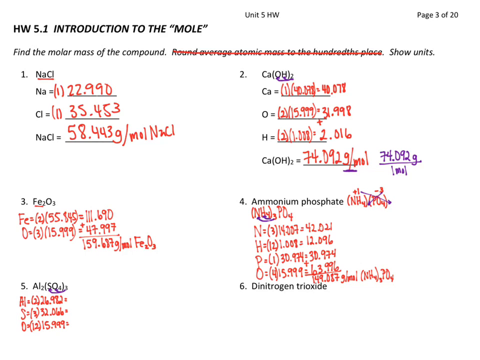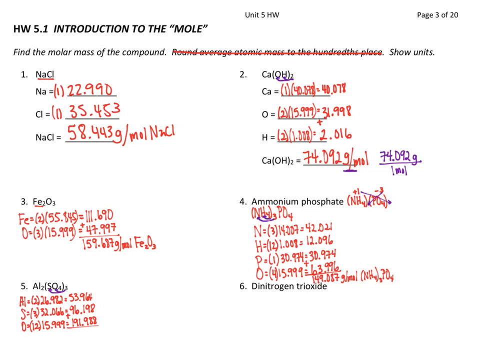Again, I'm going to do my math. 26.982 times 2 gives me 53.964. 3 times 32.066 gives me 96.198. And 12 times 15.999 gives me 191.988.